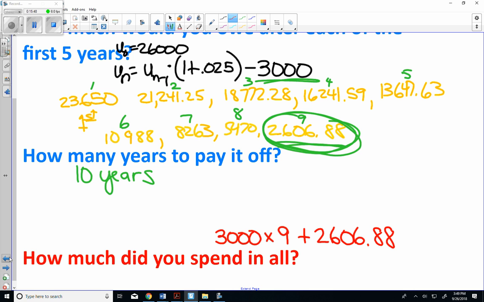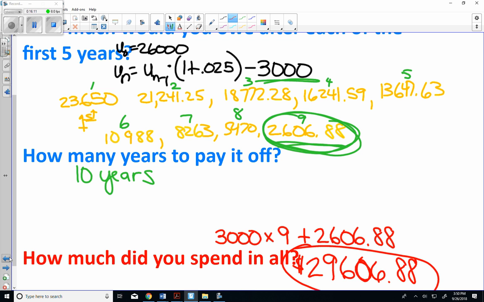So we have 9 times 3,000 plus 2,606.88. Our total bill comes to $29,606.88. That was the actual cost of the car.